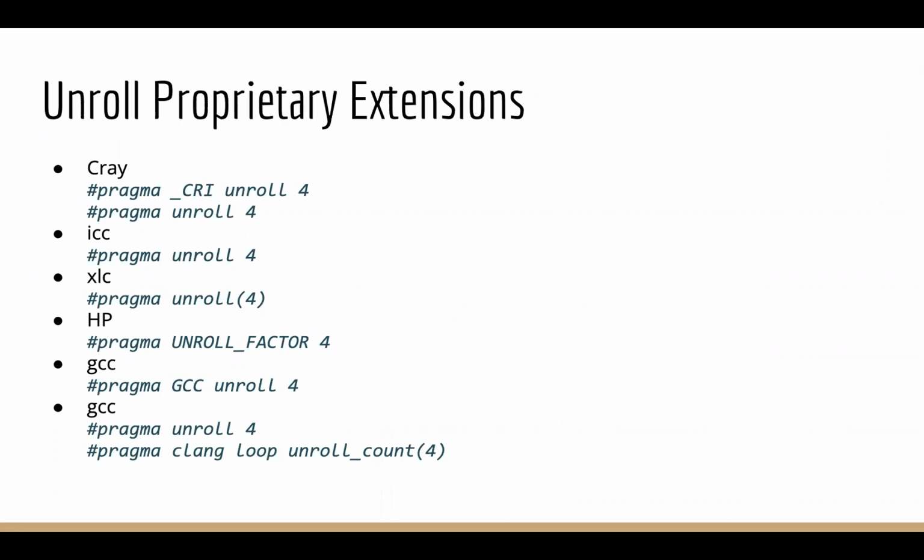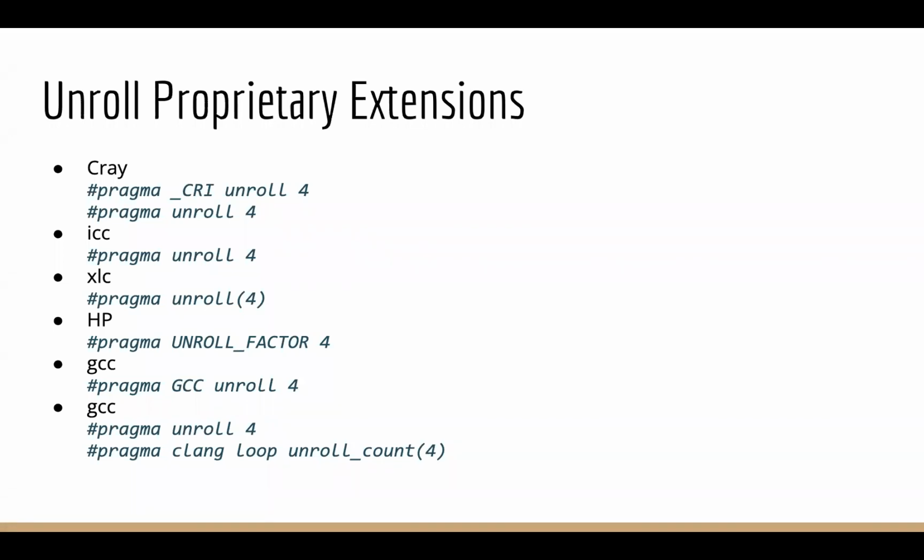For instance, GCC added an unroll pragma in GCC 8, I think, but they insist on using a GCC namespace in the pragma, so you would, for instance, use preprocessor macros to be vendor neutral. So in OpenMP we added it to the standard, which all of these compilers intend to implement eventually, so we don't have the need of vendor-specific extensions for this anymore.